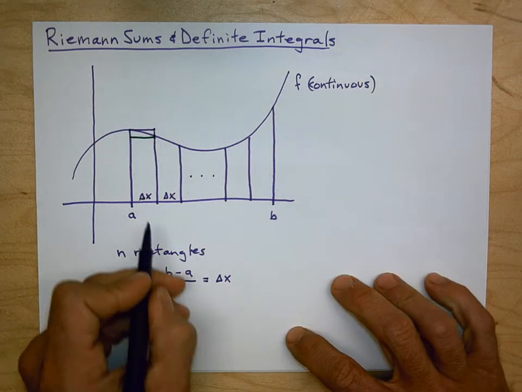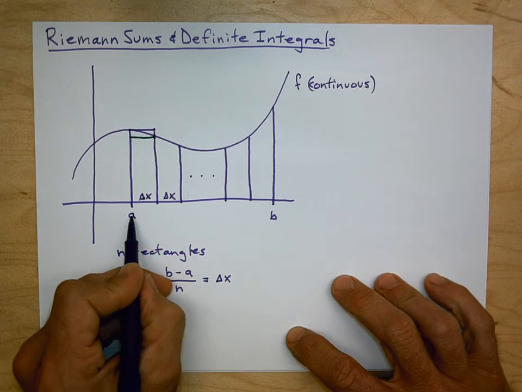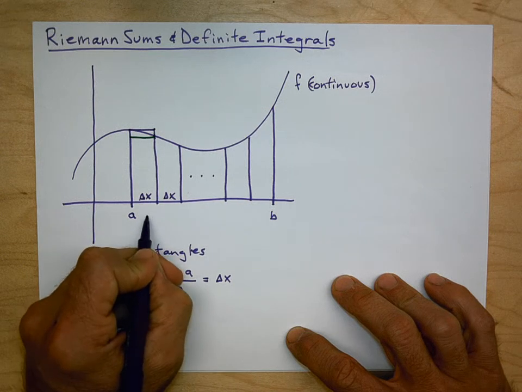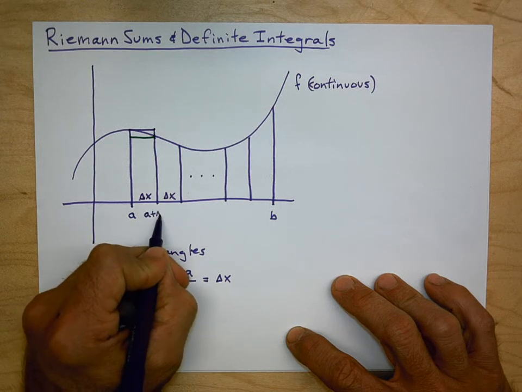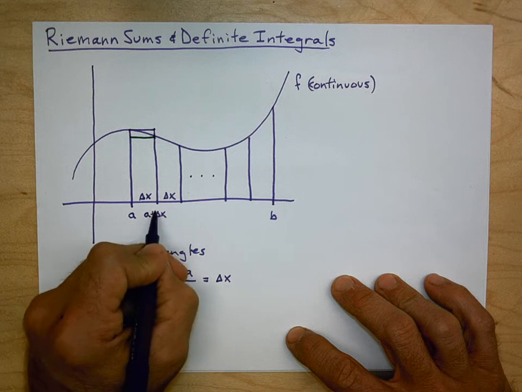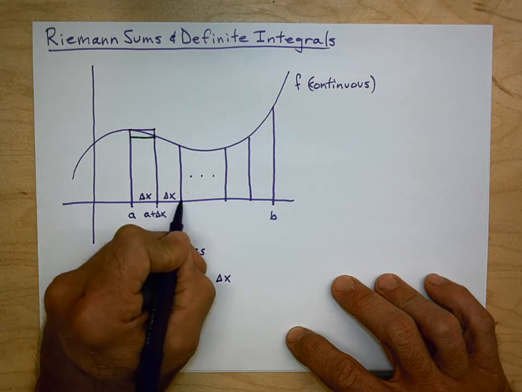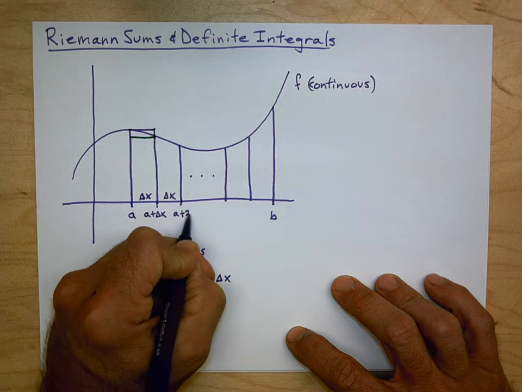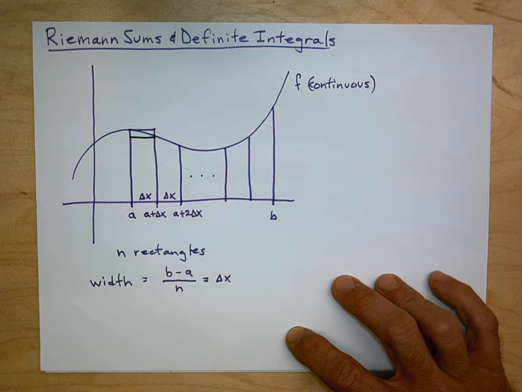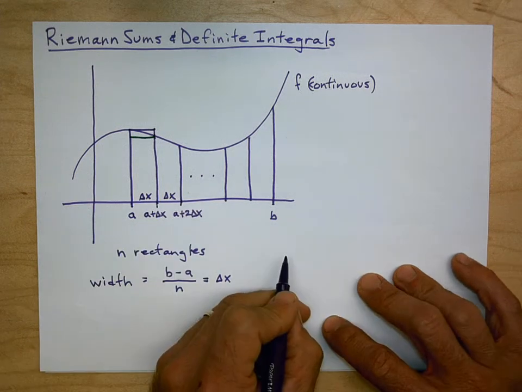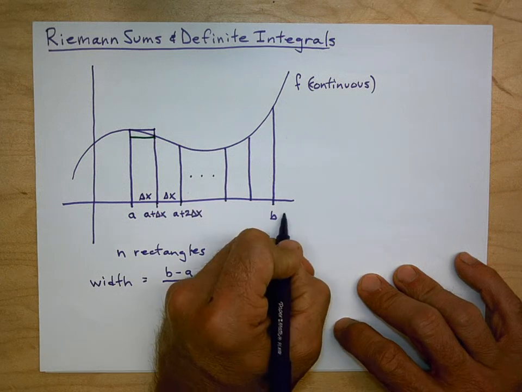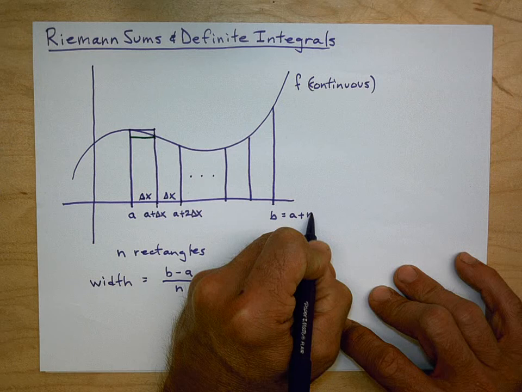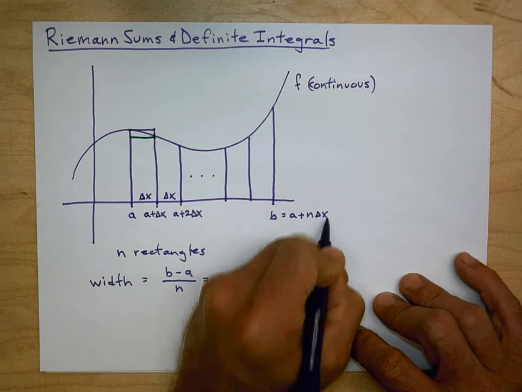So then the endpoints of our rectangles: clearly the left endpoint would be a, then here I would have a plus delta x, and then here I would have a plus 2 delta x. When I get out to b, b would be a plus n times delta x.